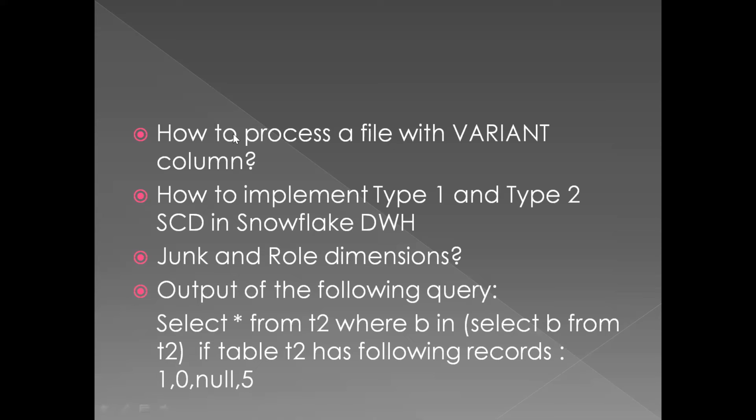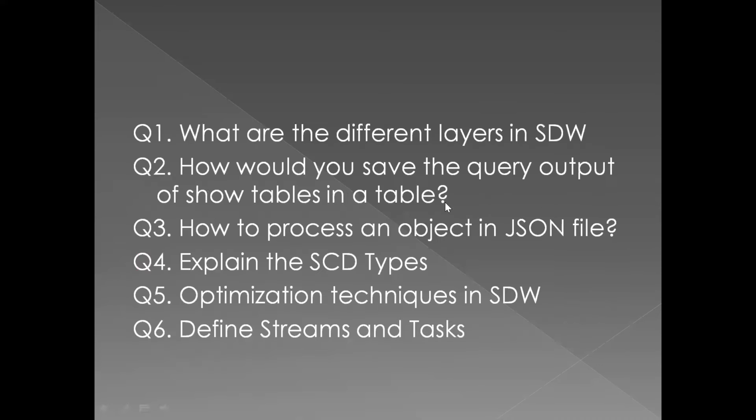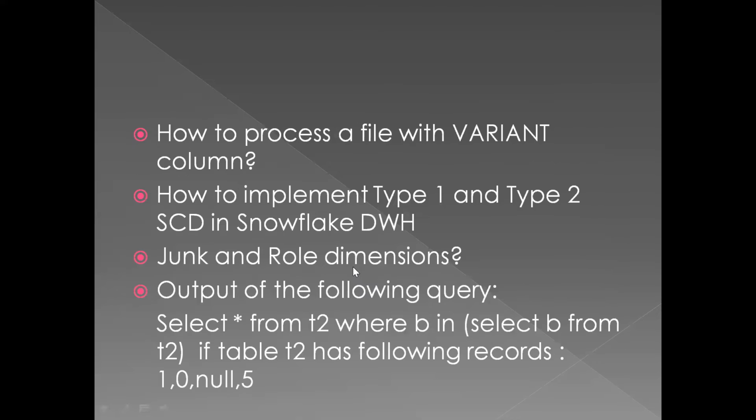Okay. So now we have already seen how to process a file with the variant column. And similarly, we should be able to answer the question of how to implement the type 1 and type 2 SCDs in Snowflake Data Warehouse. So type 1, this is back to what we discussed, the different SCDs.